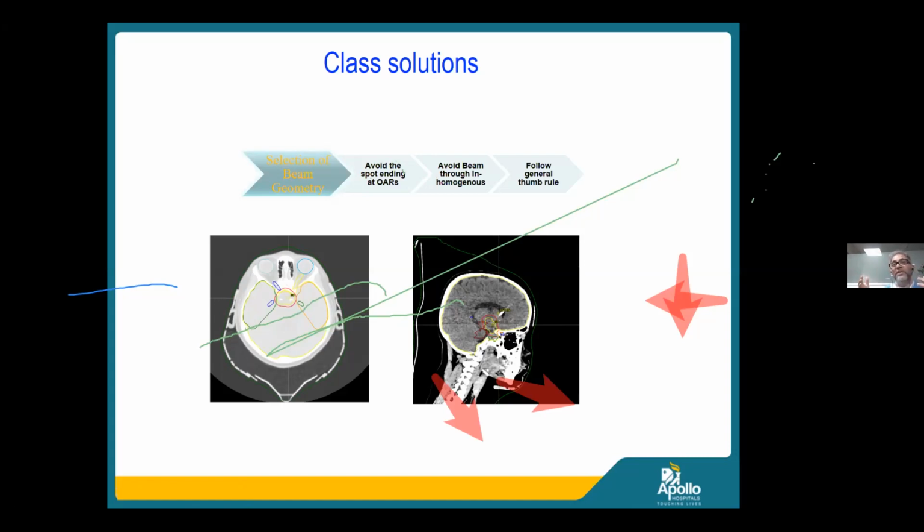The photon doesn't have so much perturbation of the dose. So this is all incorporated into the planning system, of course, because we are very conscious about the density, but it also brings in inhomogeneity and uncertainty.